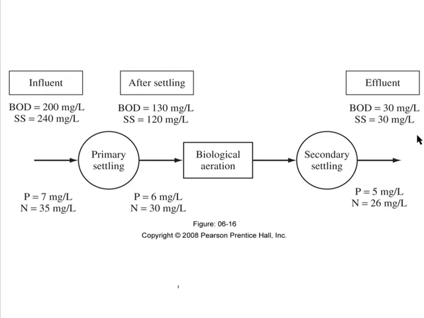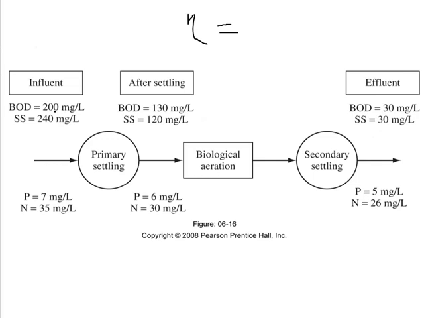So how can I find out the efficiency of the treatment plant? The efficiency of any treatment plant can be calculated from the influent concentration. For example, I want to calculate the efficiency of BOD removal in this treatment plant.